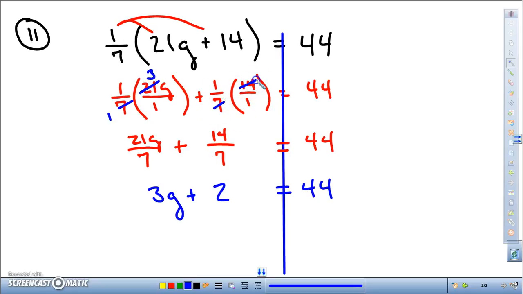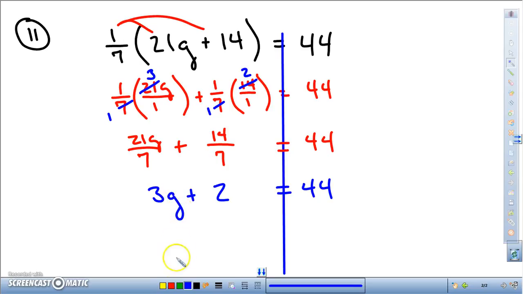And again, both of those are divisible by 7, so I get a 1 and a 2. And this just skips this step, right? So 1 times 3 is 3, 1 times 1 is 1, so that gets me straight to the 3g. 1 times 2 is 2 over 1 times 1 is 1. So if you cross reduce, you're just going to be skipping the step and not having to reduce the fractions.